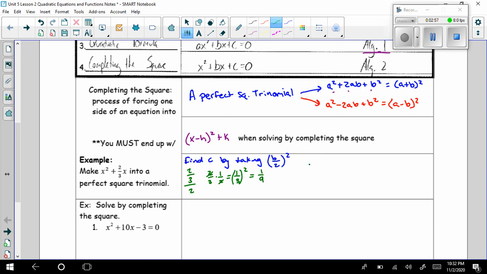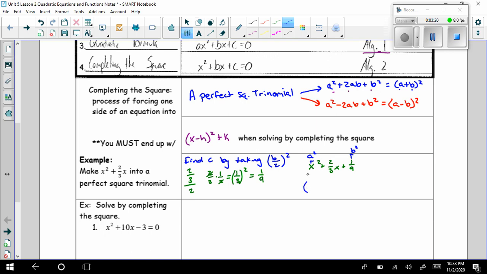All right, so x squared plus 2/3 x plus 1/9 is a perfect square trinomial where we have an a squared term and a b squared term. Notice that those roots are what goes in there.